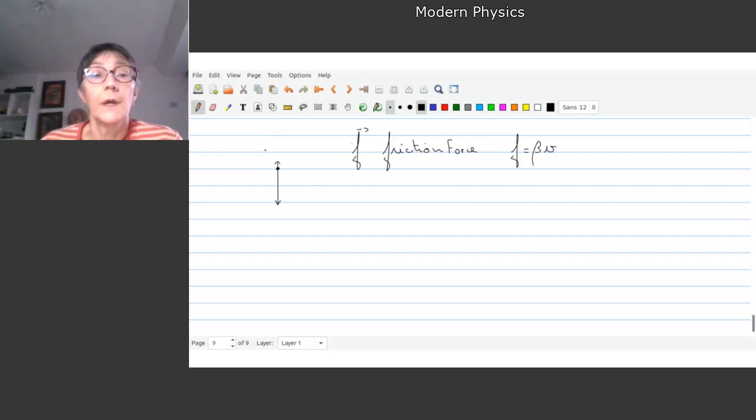And so you have here mg, and here you have the friction force, and as the velocity increases, because you have the acceleration downward, so will your force, until it reaches the same value, and you will have constant velocity for beta v equal mg.